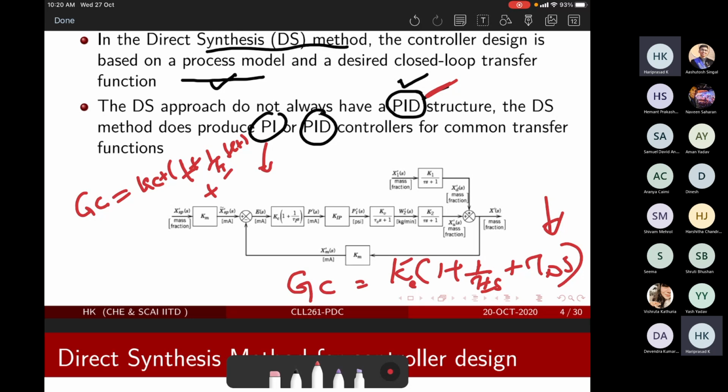You design a controller and equate it, because the only way in which you give these parameters is through your PID. You have your PID board or the controller hardware that you bought, where you need to supply Kc, tau I and tau d. So whatever controller structure you have in the transfer function domain, you equate it with the PID form and get the values Kc, tau I and tau d. Eventually it is the same.